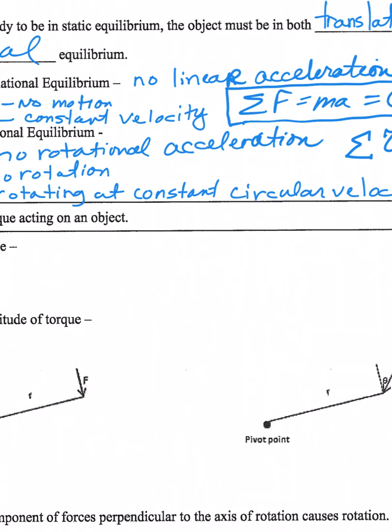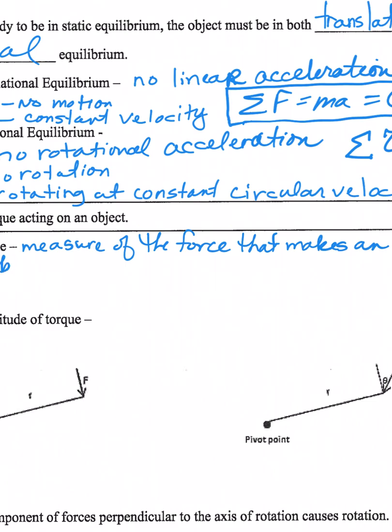So torque, technically speaking, is the measure of the force that makes an object do what? Rotate. Yeah. Think about it. If we're talking about a force, I want you to look at it from this perspective: we have some pivot point here, don't we?